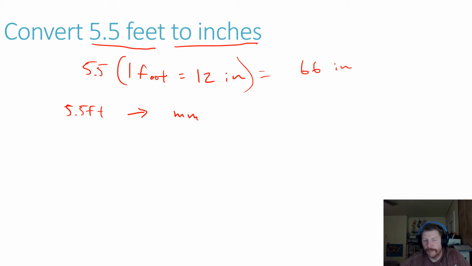Okay. Now, this is a little bit more complicated. You can probably deduce some of the steps. For instance, well, if you can go from feet to inches, then you can go from inches to centimeters. And if you can go from inches to centimeters, then you can go centimeters to millimeters.